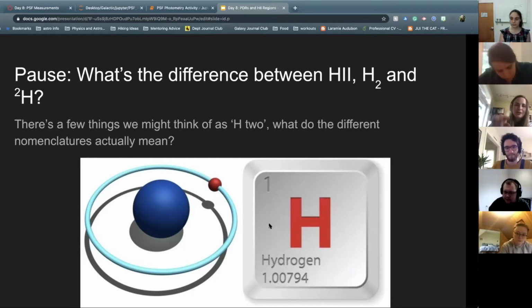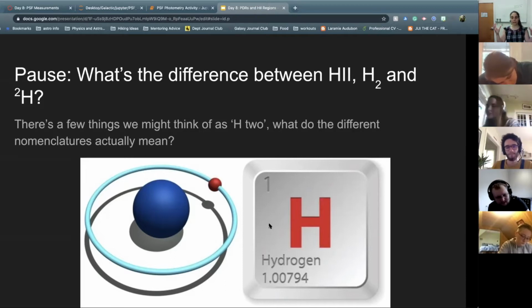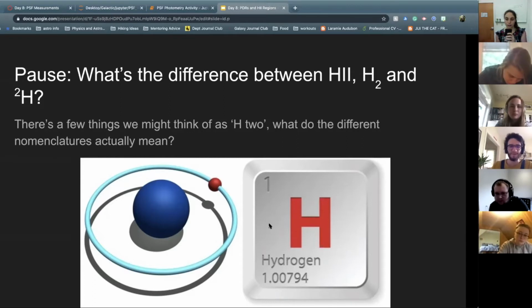H2 with the 2 in the subscript means two hydrogens bonded together, neutral hydrogen. Yep. So H subscript 2 is molecular hydrogen, two hydrogens bonded together. I will almost always call that molecular hydrogen. Right. Ethan, go for it. H2 with the superscript is denoting the amount of nucleons it has.